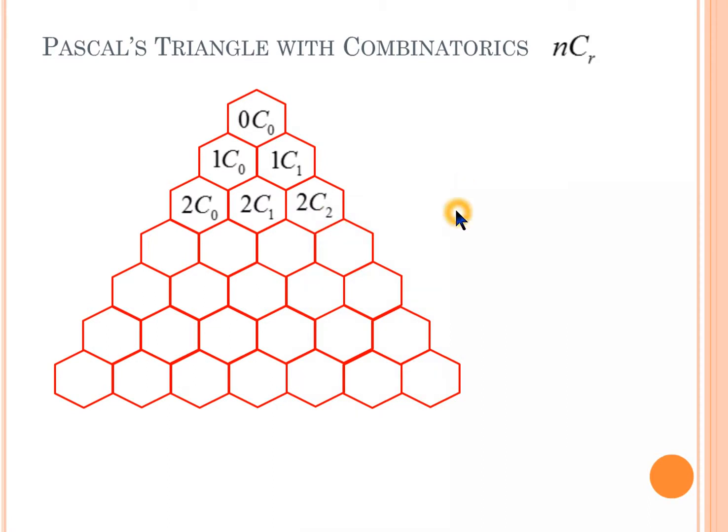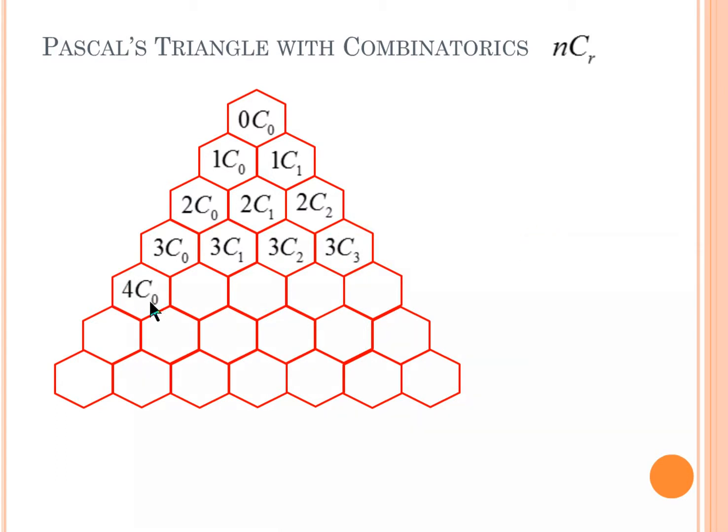You might see a little pattern here. I have a 0 there, a 1 there, a 2 there, so I'm assuming this will be a 3. So this is probably going to be 3 choose 0. If we look at the second row, we went from 2 choose 0 to 2 choose 1 to 2 choose 2. So this is probably going to be 3 choose 1, 3 choose 2, and 3 choose 3.